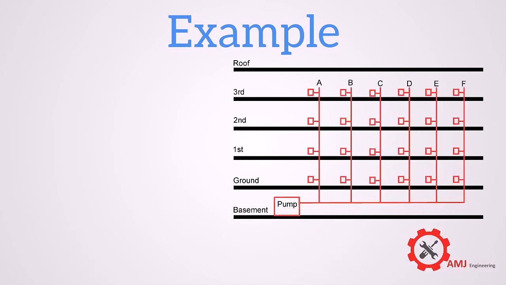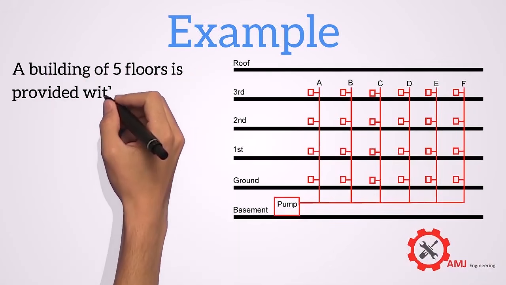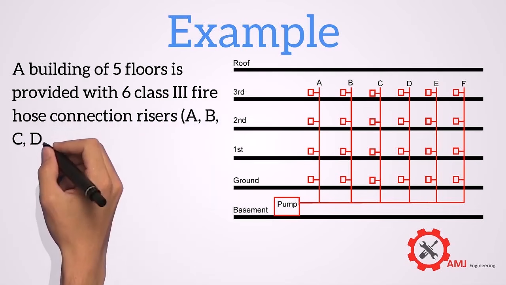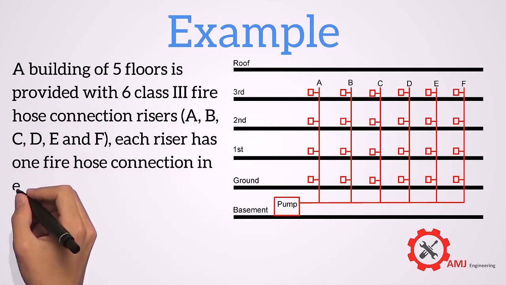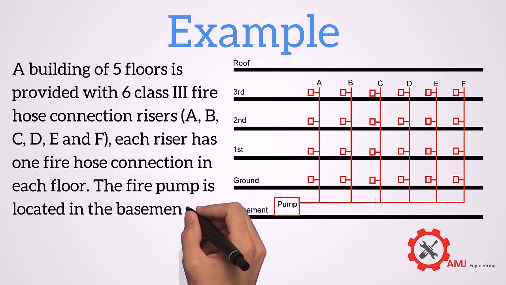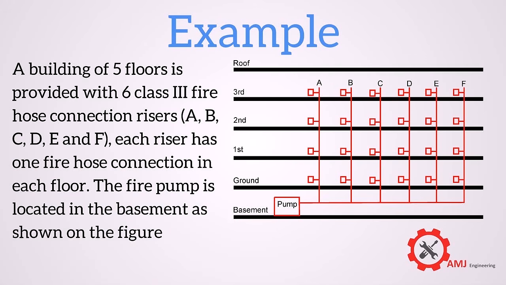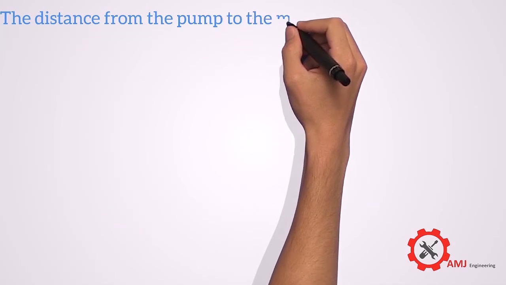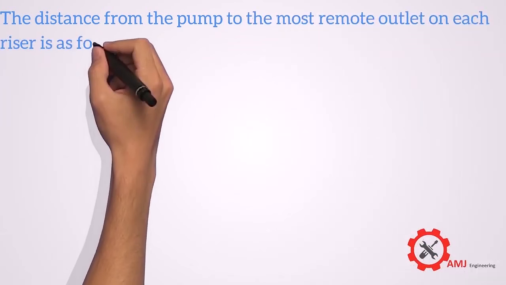We have here a building with 6 Class 3 fire hose connection risers. I will start the sizing of risers first, then I will size the main pipes connecting the risers. Given below the distance from the pump to the most remote outlet on each riser.